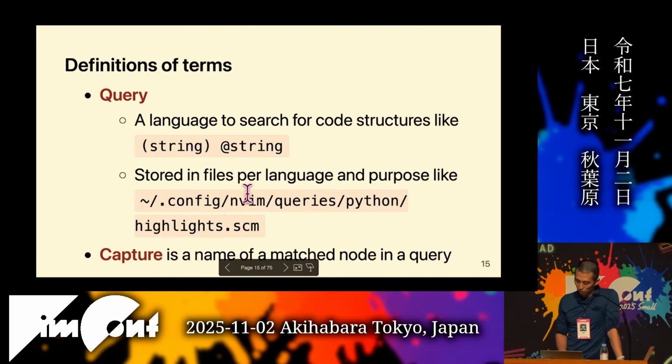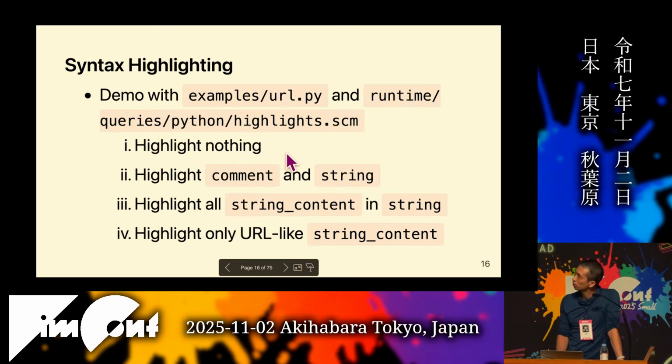Like in the config directory, we see queries/python/highlights.scm, so this python corresponds to the language, and highlights corresponds to the purpose. And a capture is the name of a matched node in a query. So in this case, @string is the capture.